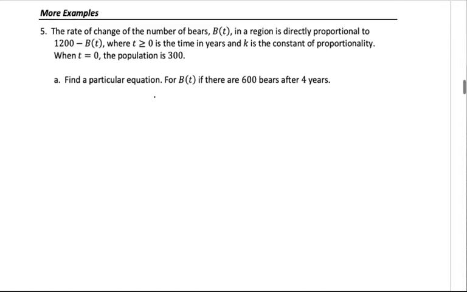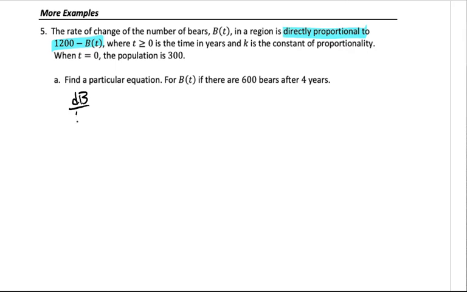So here we go. Rate of change of the number of bears in a region is directly proportional to this 1200 minus B of t. So there's that key phrasing again. Directly proportional, so we're going to be able to write a similar equation.